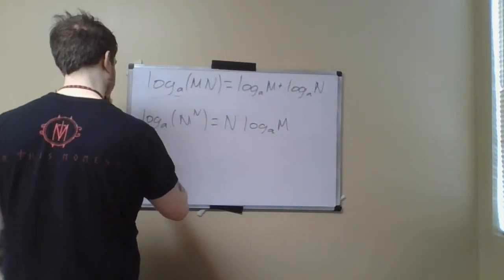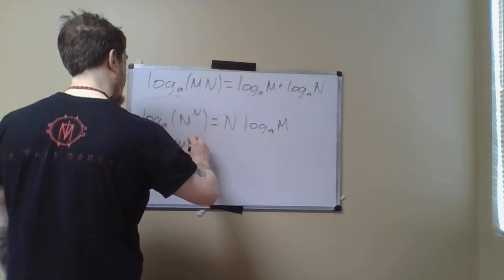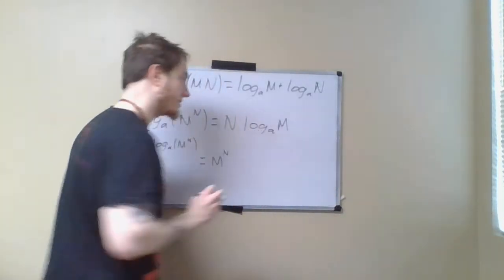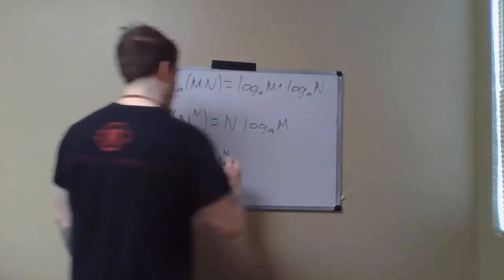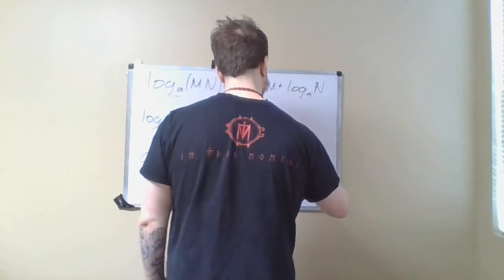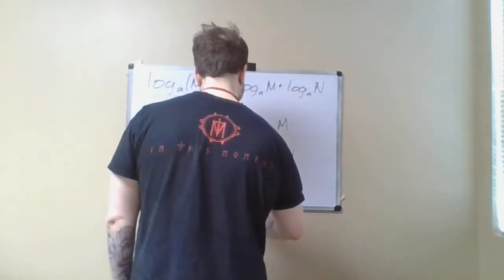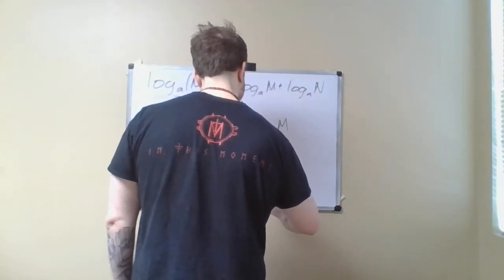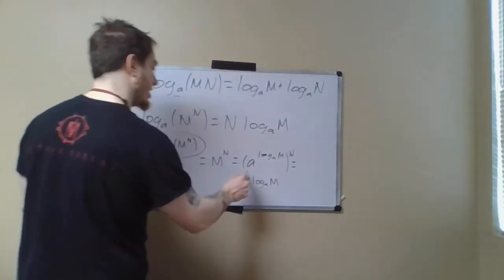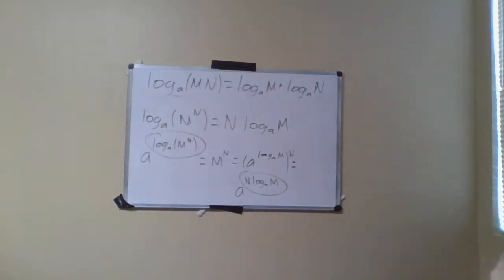So a to the log base a of m raised to the nth power is equal to m raised to the nth power. However, this is also a to the log base a of m, all raised to the nth power, which, by the rules for nested exponents, is a to the n log base a of m. Once again, because exponentials are one-to-one, that tells me these two exponents have got to be equal to each other.